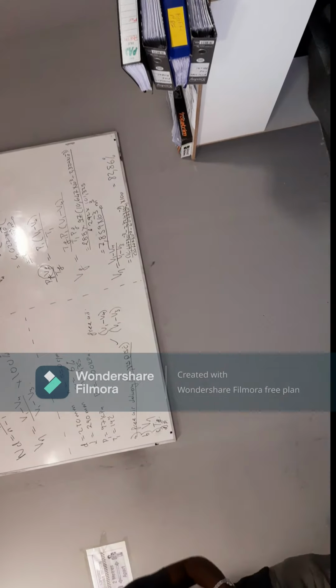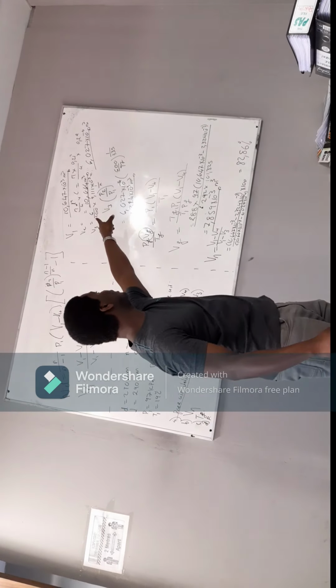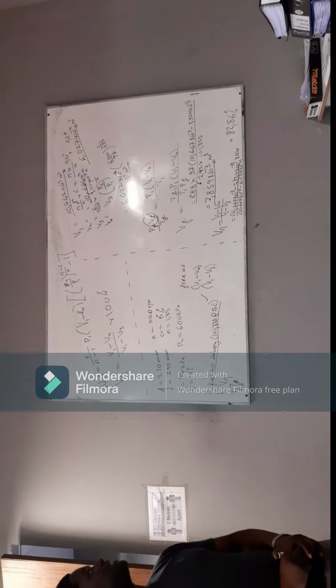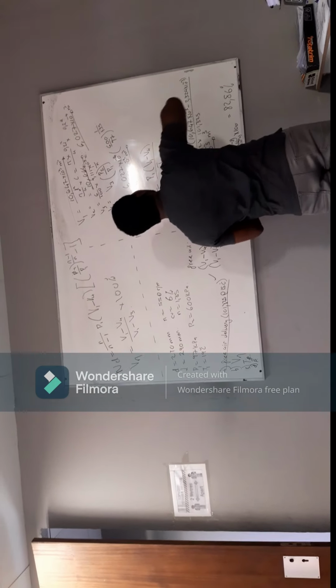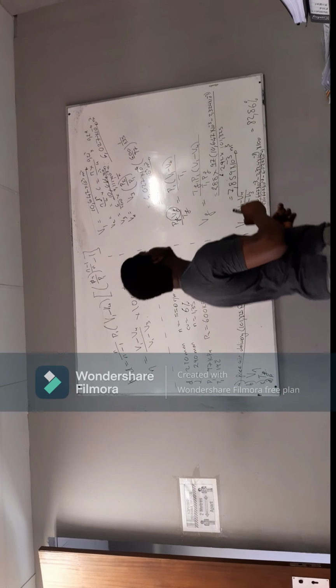6.644. Where? V3. Yeah. 10.044. Oh, there's no over. That's the answer. It's supposed to be times 10 to the power negative 3, but I don't know how I forgot to put it. Okay, and then for V3, we got 6.027 times 10 to the power negative 4.